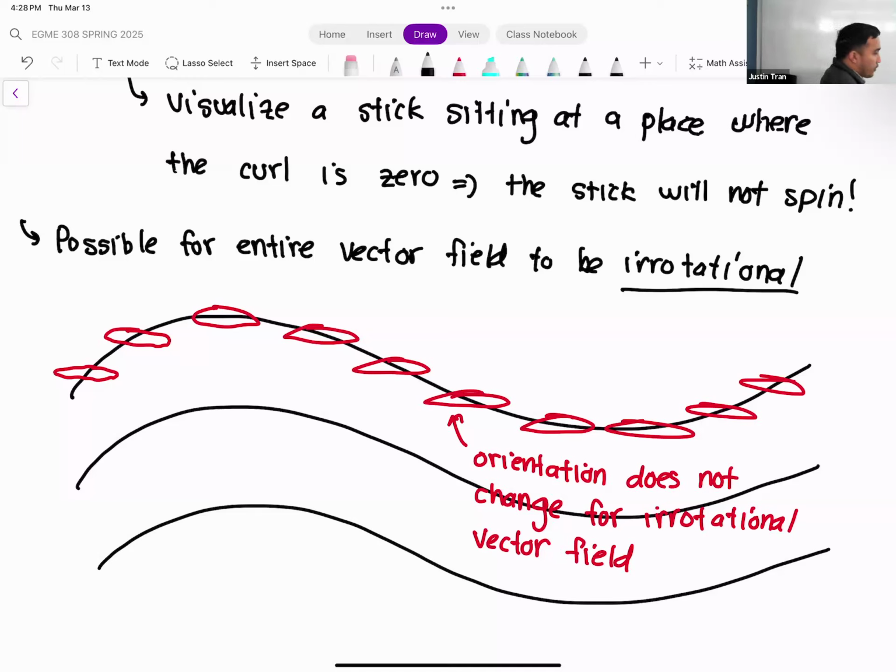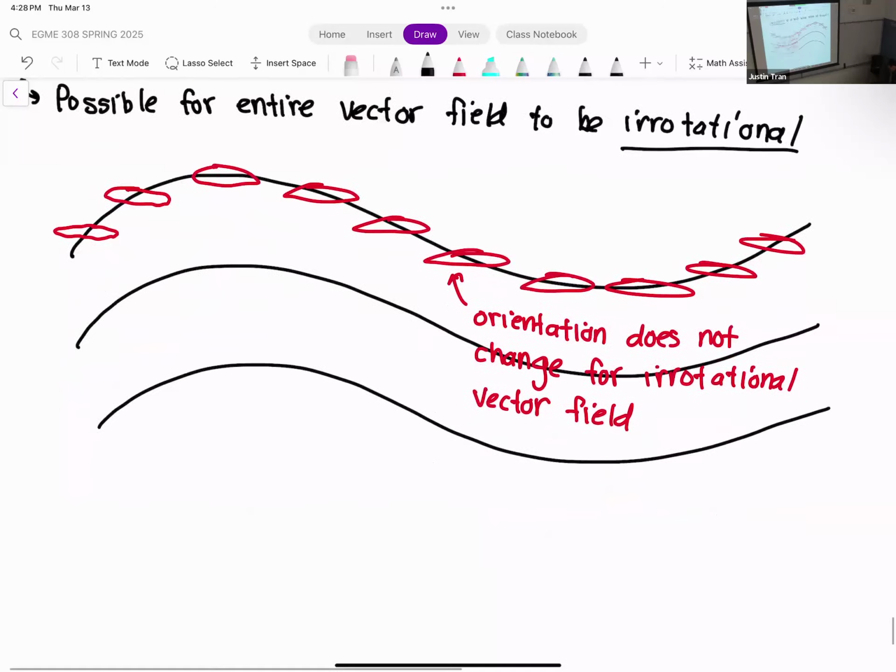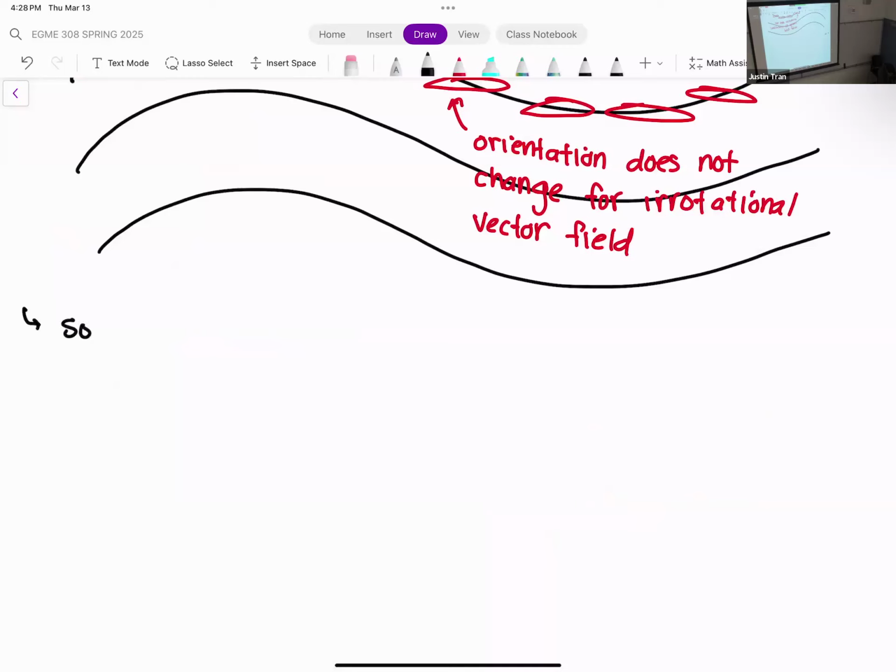Okay, so now that we've gone over all of the components of vector differential calculus, so far we've covered the following operators.